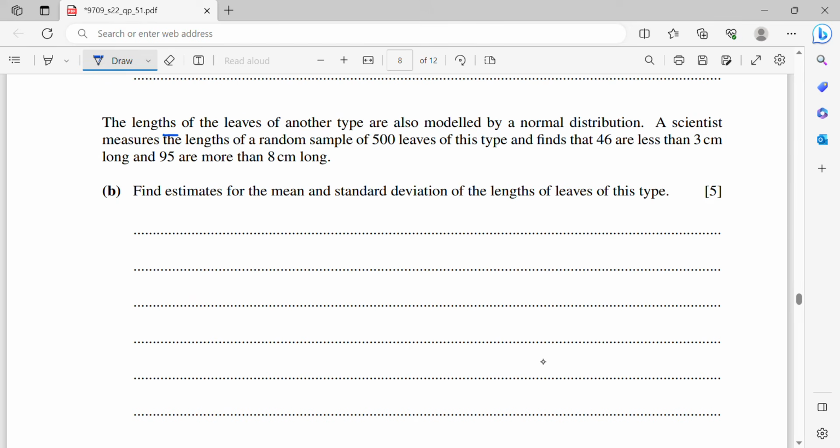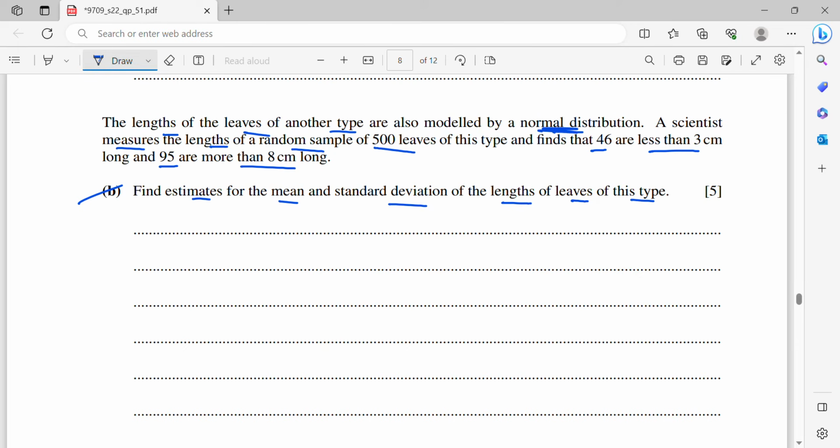Now the lengths of leaves of another type are also modeled by a normal distribution. A scientist measures the length of a random sample of 500 leaves of this type and finds that 46 are less than 3 centimeters and 95 are more than 8 centimeters long. Find estimates for the mean and standard deviation for the length of leaves of this type. Okay, so now we need to find mean and standard deviation because it's mentioned they are normally distributed.